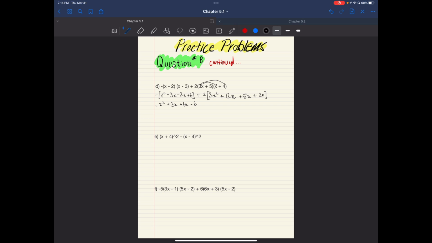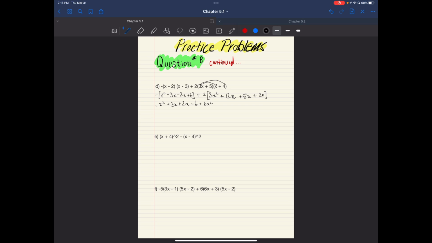Oh, shoot. See that? Going too fast again. That becomes, I did the addition in my head. This becomes plus 2x minus 6. This then becomes 6x squared. Oh. Sorry, I'm getting tired over here.